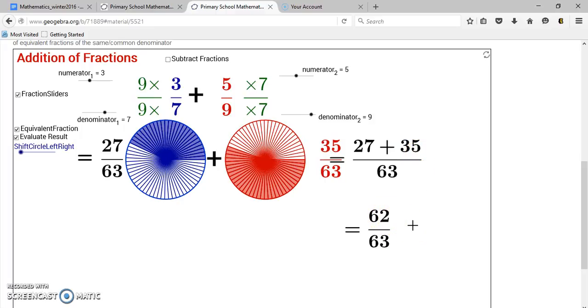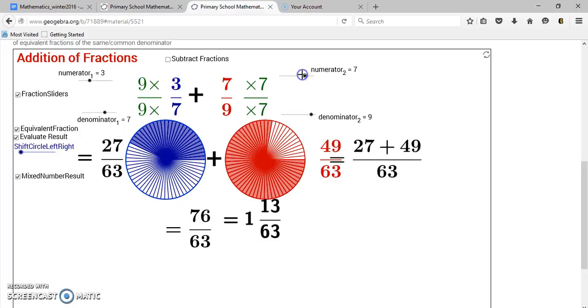So ironically, we didn't, again, get an improper fraction, but to just show you really quick, if I change the numerator up top to be a little more, we do end up getting an improper fraction, because now the numerator does exceed the denominator. And it shows you the mixed number result right over here, so it's easier for students to visualize.